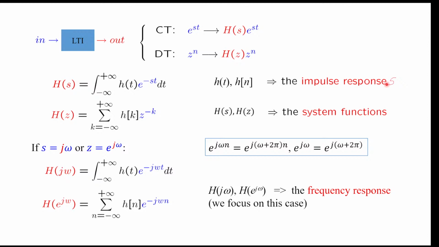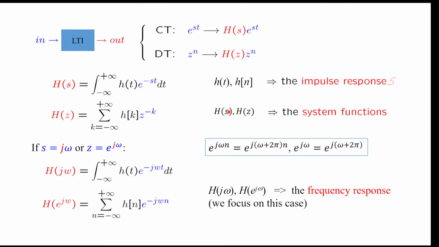So from small h you can calculate big H this way. Let's talk through this once again. Big H of s equals the integral from minus infinity to plus infinity of small h of t e to the minus st dt. And big H of z equals the summation over k from minus infinity to plus infinity of small h of k z to the minus k.